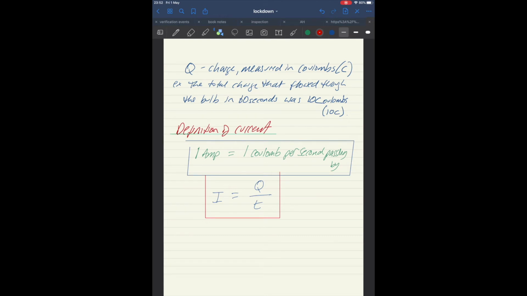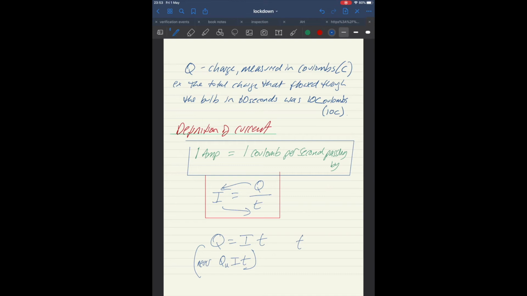This is called the Nike equation, because if I take Q to the left hand side and I over there, I get Q equals IT. In other words, never quit.